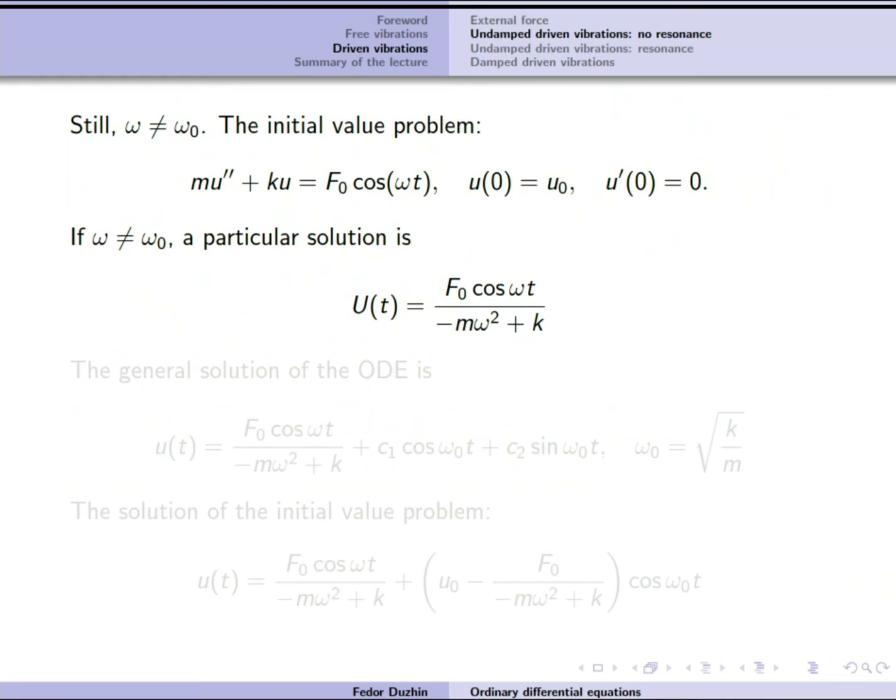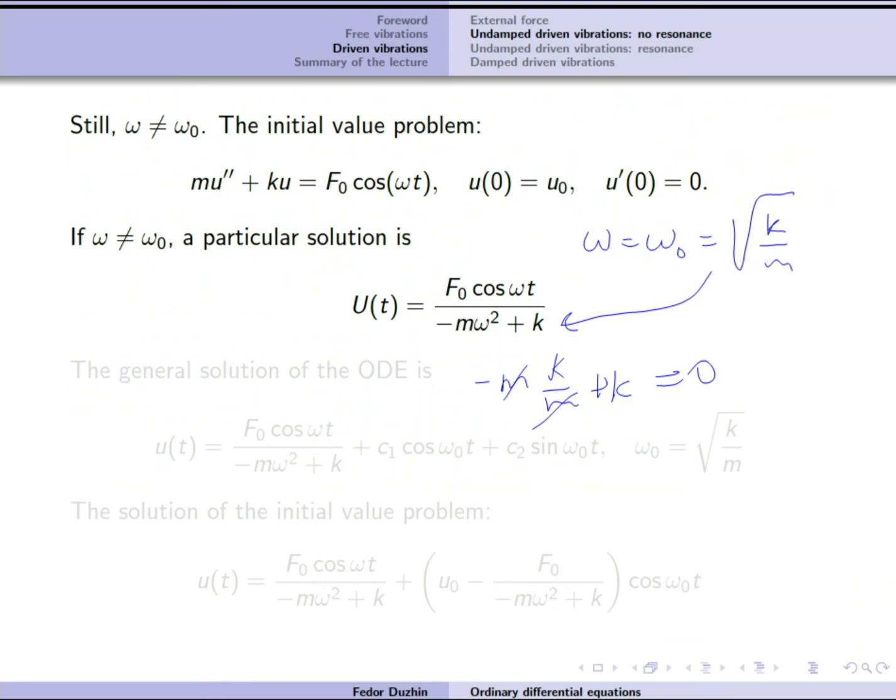You may wonder why we have to assume that omega does not equal omega 0. The reason is that if omega were equal to omega 0, the square root of k over m, then this denominator would be minus m times the square root of k over m squared, which is minus k, plus k, which is 0.